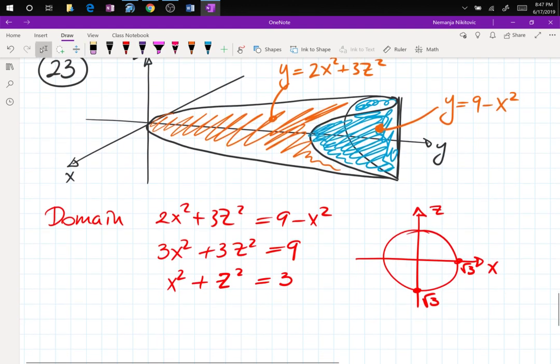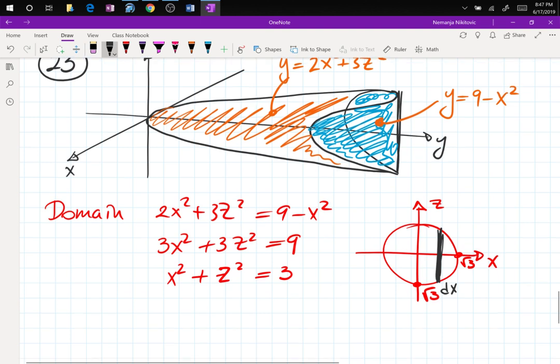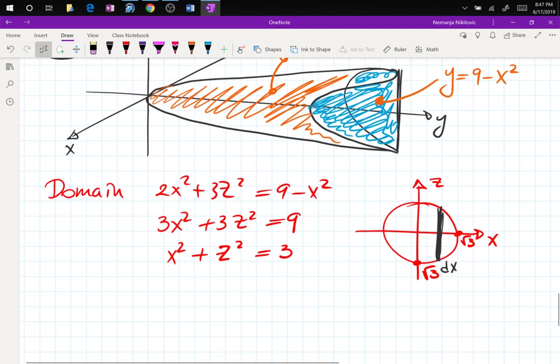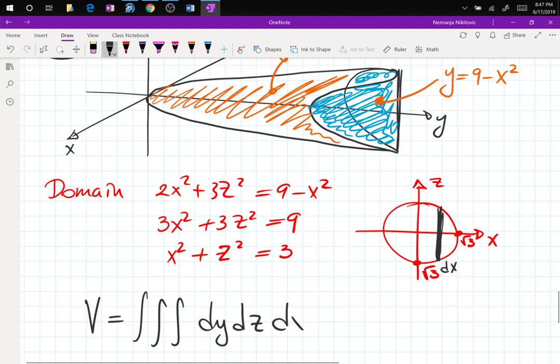Now, when I draw my representative rectangle, dx, because I'm going to put dx at the end, I am finally able to set up my volume integral. dy dz dx.